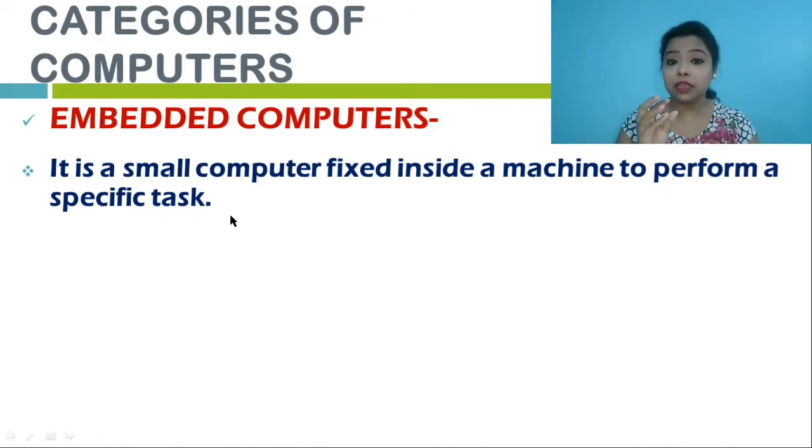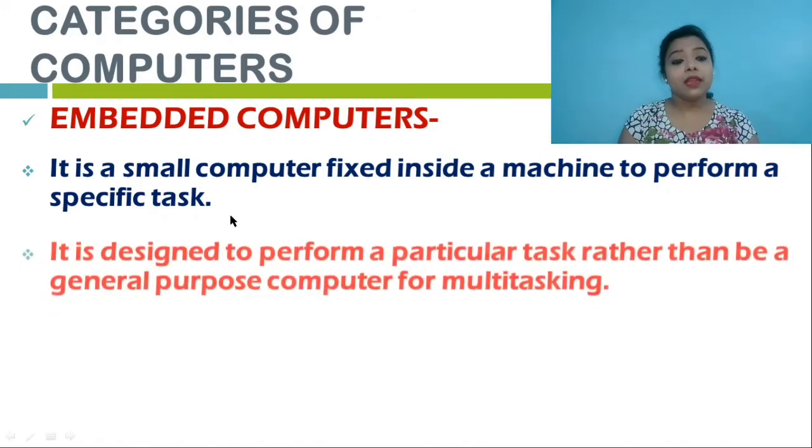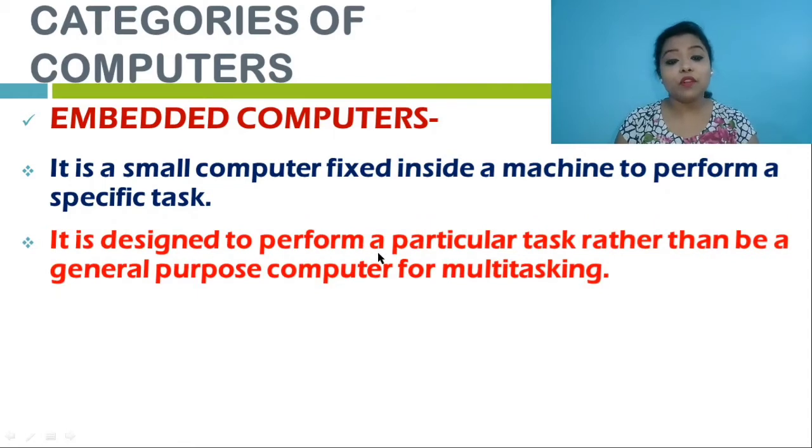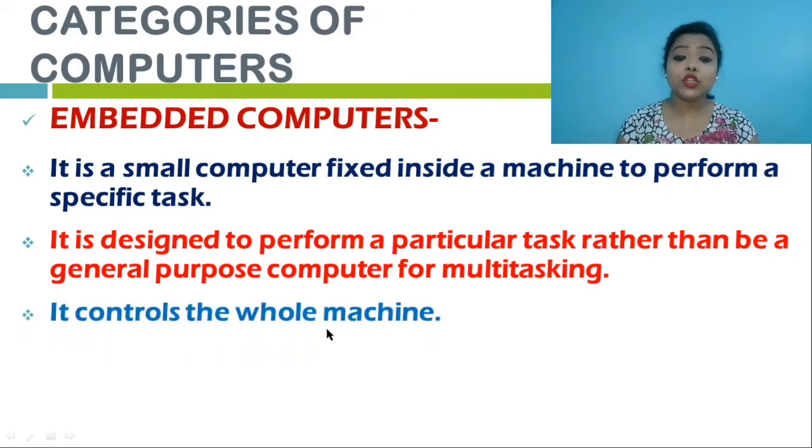This is included within a machine. Now see, it is designed to perform a particular task rather than be a general purpose computer for multitasking. Like whenever we are using the desktop or personal computer, that is used for multitasking, but here embedded computers are used for a specific task. Okay, it controls the whole machine. So whenever we are using the embedded computer, it controls the whole machine.